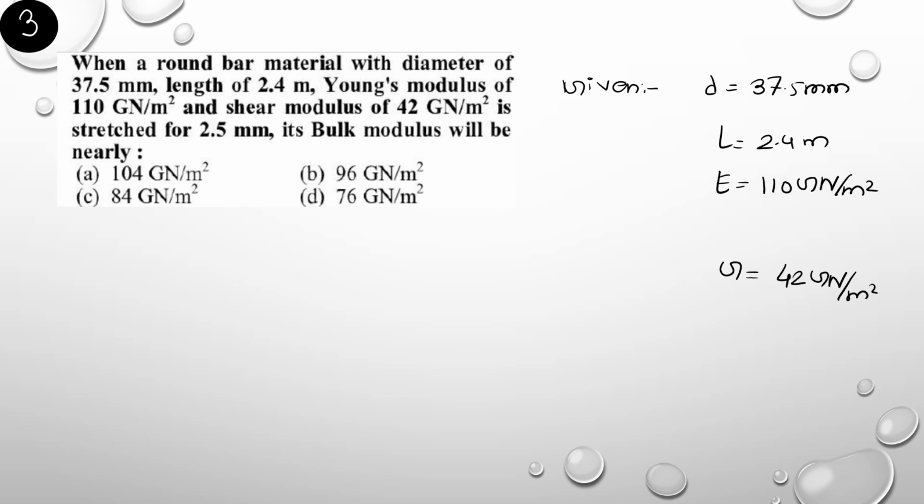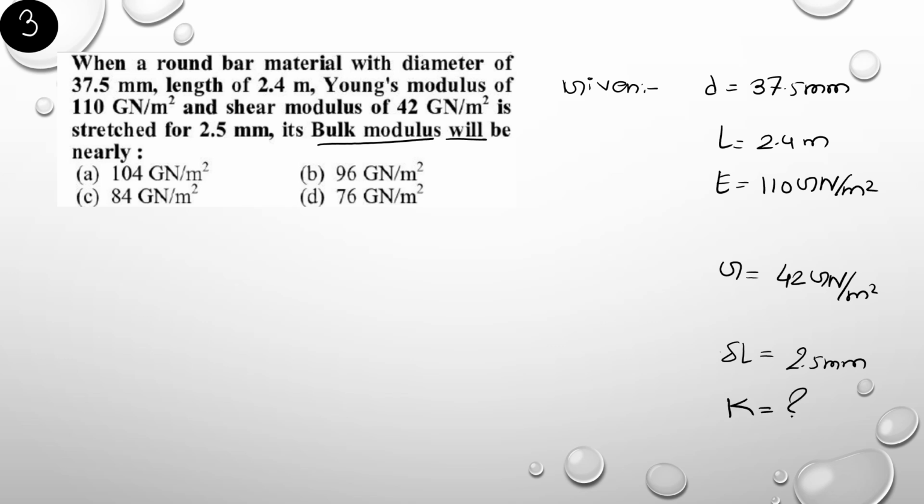It is stretched by 2.5 mm, meaning delta L, the change in length, is 2.5 mm. Then they ask for the bulk modulus, K. We need to find out K here.